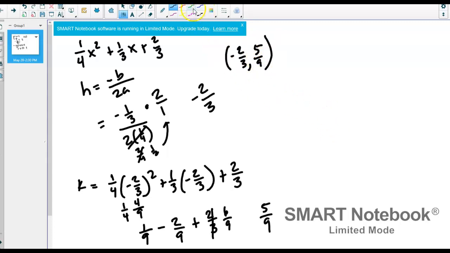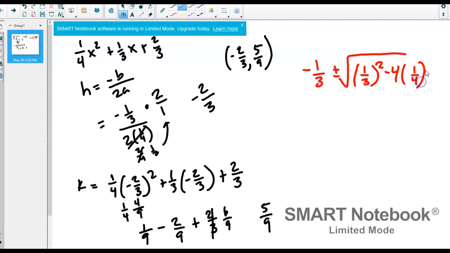And then while I'm at it, I'm going to find my x-intercepts as well. To find my x-intercepts, I'm going to use my quadratic formula. So negative b plus or minus the square root of b squared minus 4ac all over 2a. So we're going to go negative 1/3 plus or minus the square root of 1/3 squared minus 4 times a times c, and that's all over 2a.